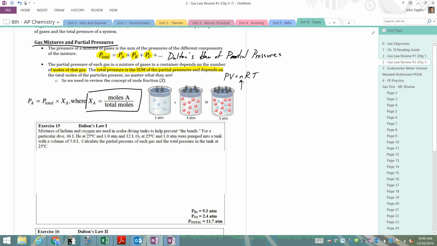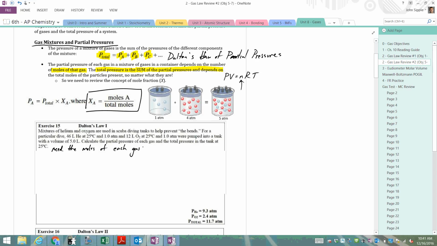We want to calculate the partial pressure of each gas and the total pressure in the tank. The first thing we need is the moles of each gas before we can figure out the total pressure.